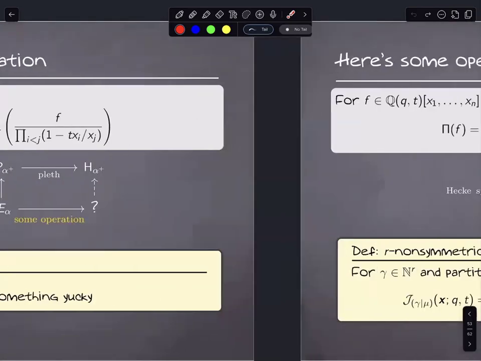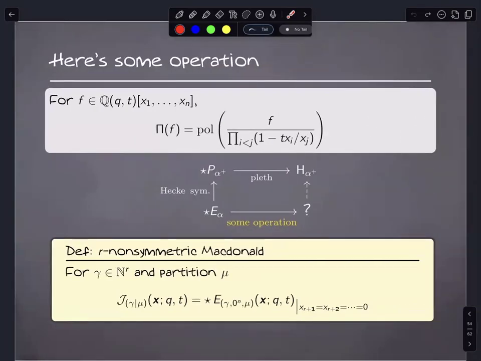And so it turns out, now I know I'm going over time, so I'll move a little more quickly, that if you take what we call an R non-symmetric Macdonald, so instead of fully non-symmetric, just the first R variables are non-symmetric, and then it's symmetric beyond that. But you can pick any R. So it's a refined approach where you work in an R non-symmetric space.